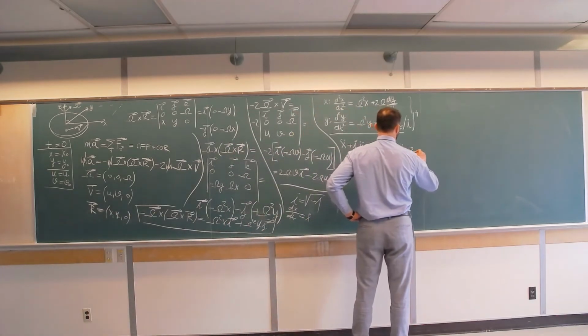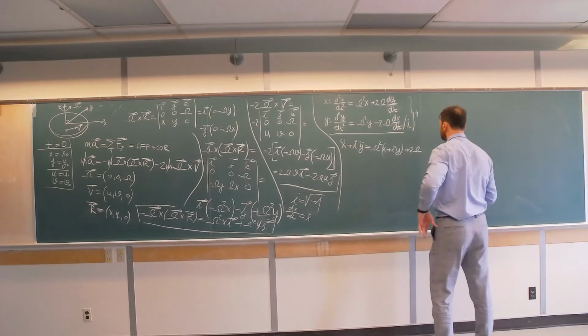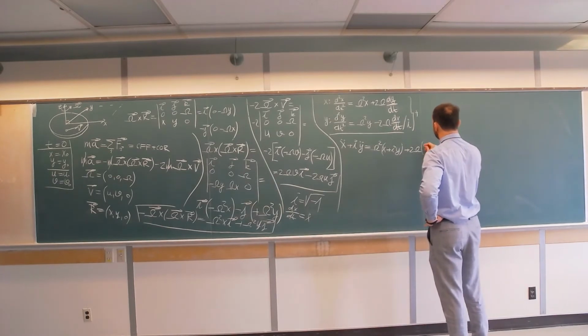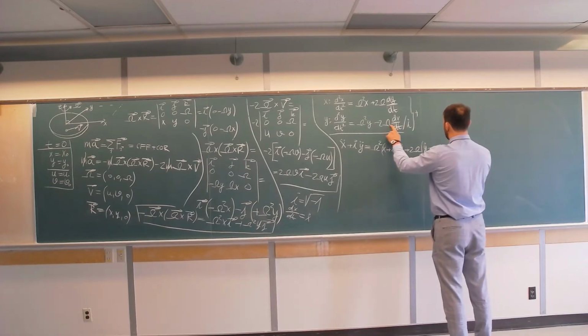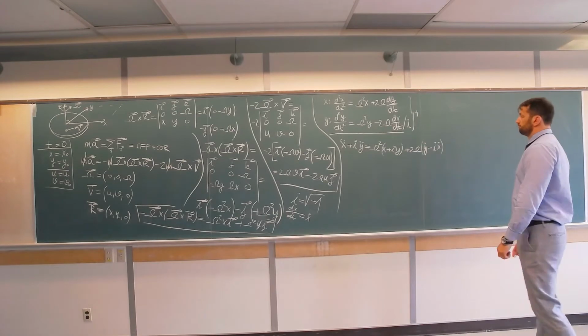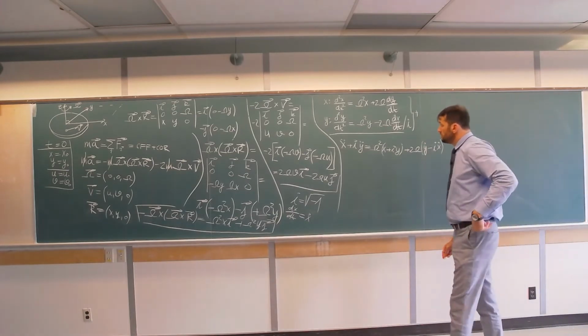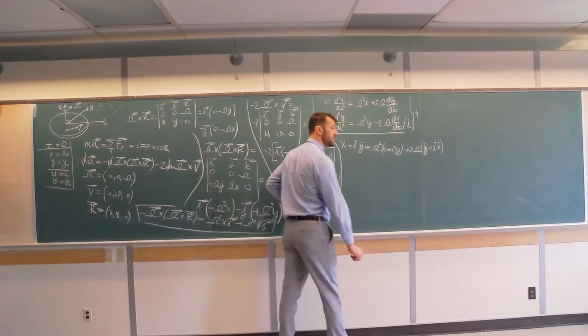Plus 2 omega, I will have here y dot minus i x dot. Now I will introduce a substitution.